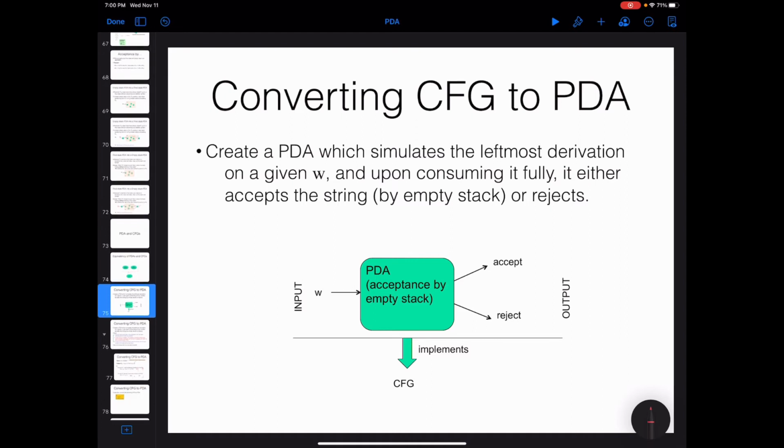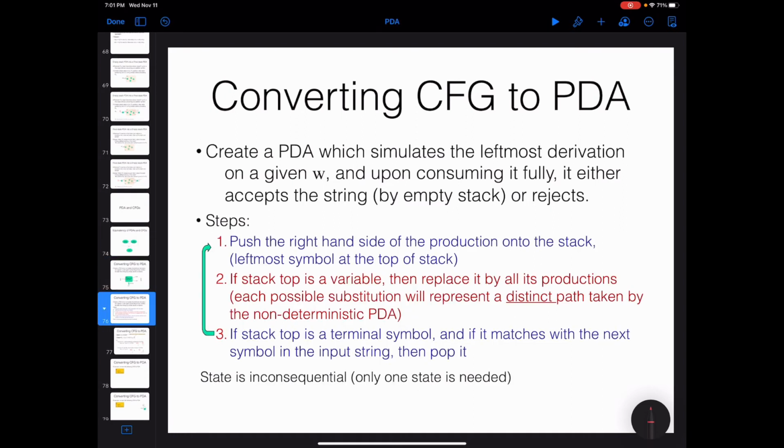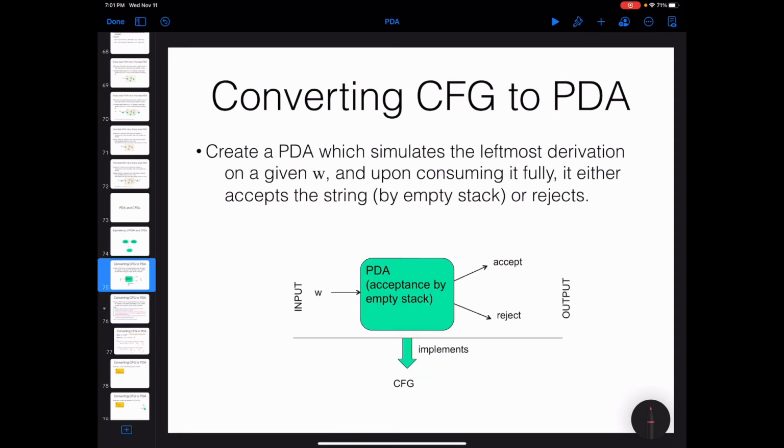So this part of the proof, that for any context-free grammar we can create a pushdown automata, is a constructive proof. I'm going to show you how, if you have a context-free grammar, we can create an equivalent pushdown automata that accepts the same language. Basically, all the strings that will be generated by the grammar will be accepted by this pushdown automata.